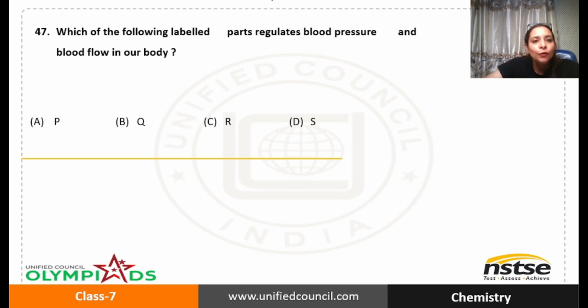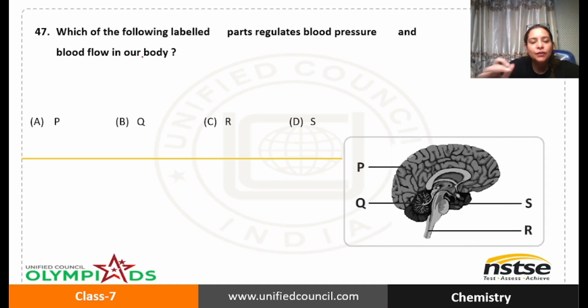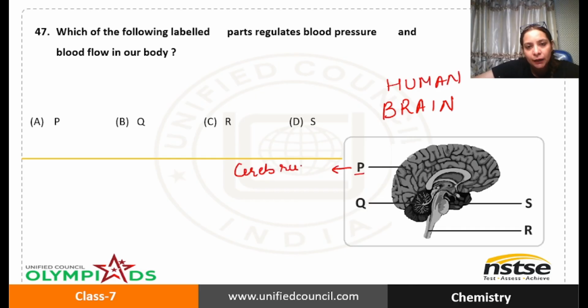Next, which of the following parts regulate blood pressure and blood flow in our body? We have the picture given here, P, Q, R, S, and we need to identify that particular part. Whenever you get a question like this, first thing is to identify the organ. This organ which you can see is the main controlling center of our body, the human brain. This portion which you can see as P is the cerebrum, the largest part of the brain.